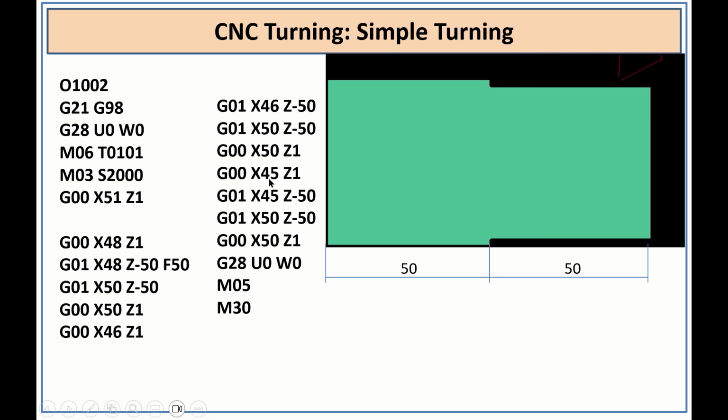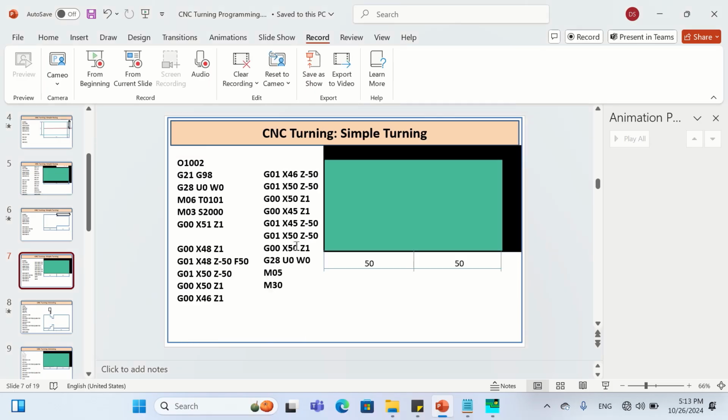Then again the X value is 45, that means the final depth of cut is given, and it goes till Z value is -50, then goes to X50 and Z1, and then it goes to home position. This way we can complete this simple turning operation. We can also perform this if you copy and paste it and work in the CNC software, it will perform.